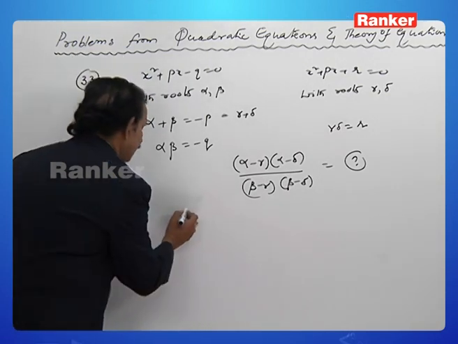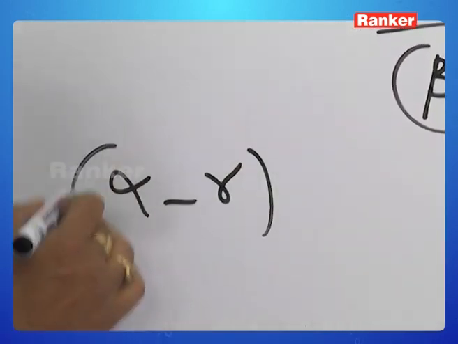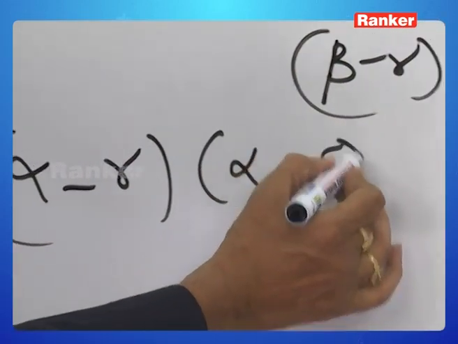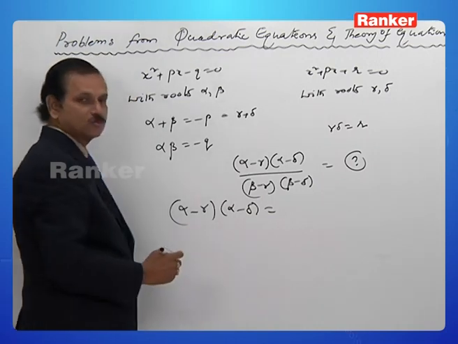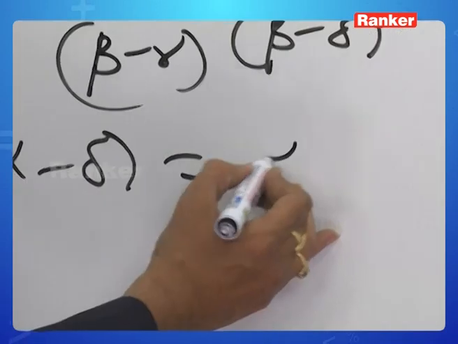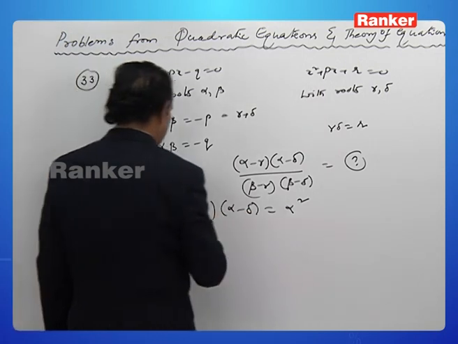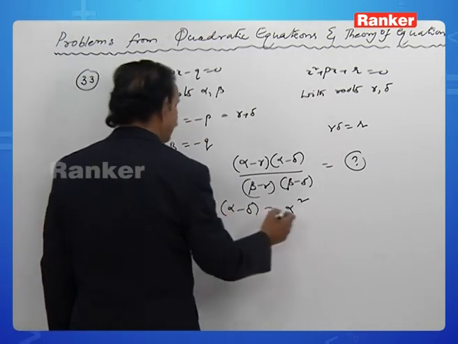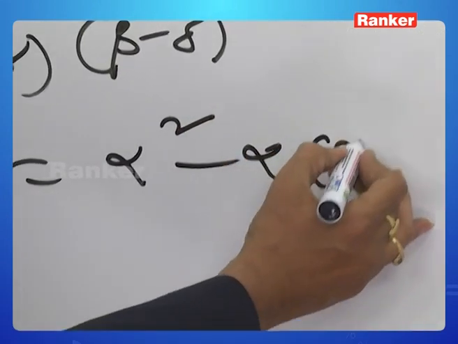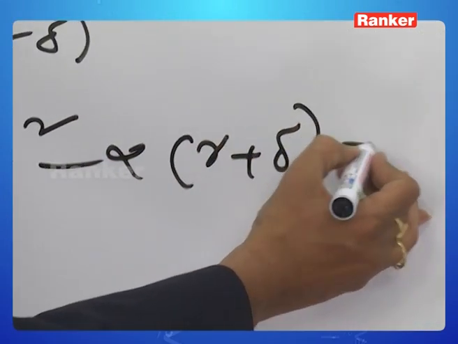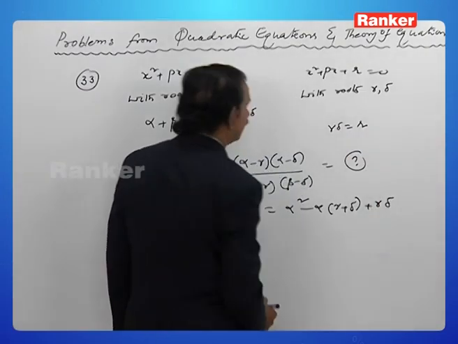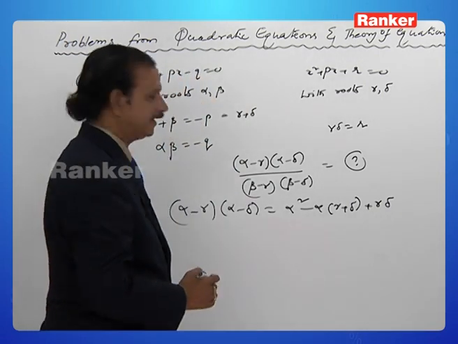What is the numerator? Alpha minus gamma into alpha minus delta. You multiply these two quantities: alpha into alpha, alpha square, minus alpha into delta, minus alpha into gamma, so minus alpha into gamma plus delta, plus gamma delta.